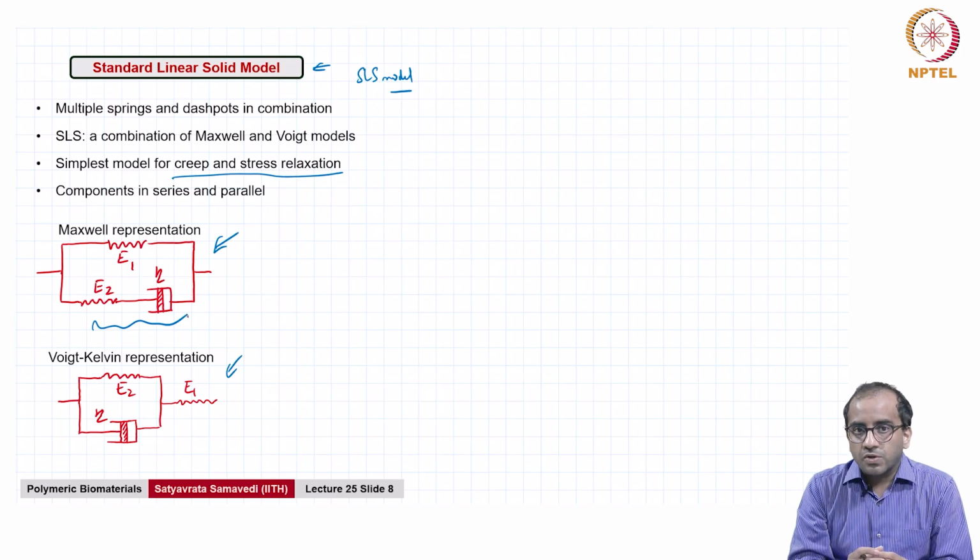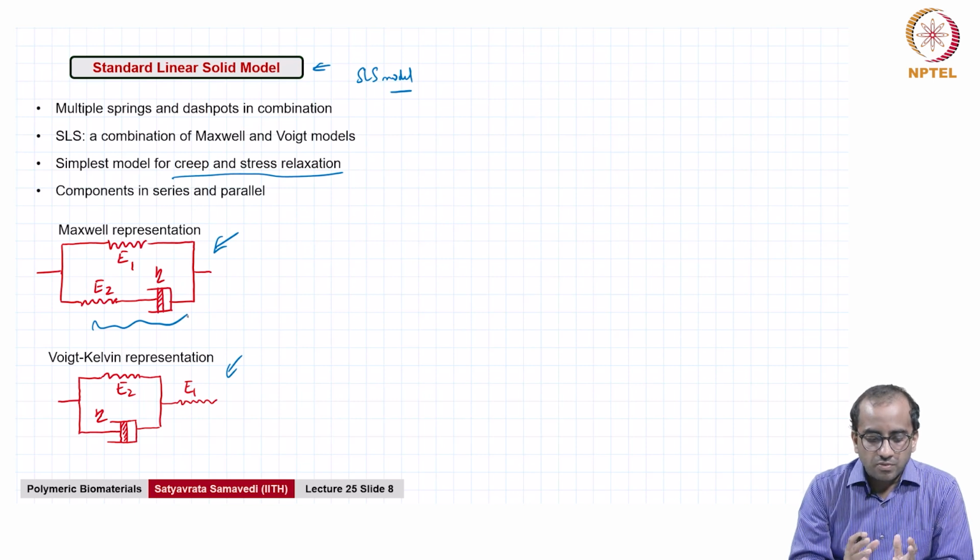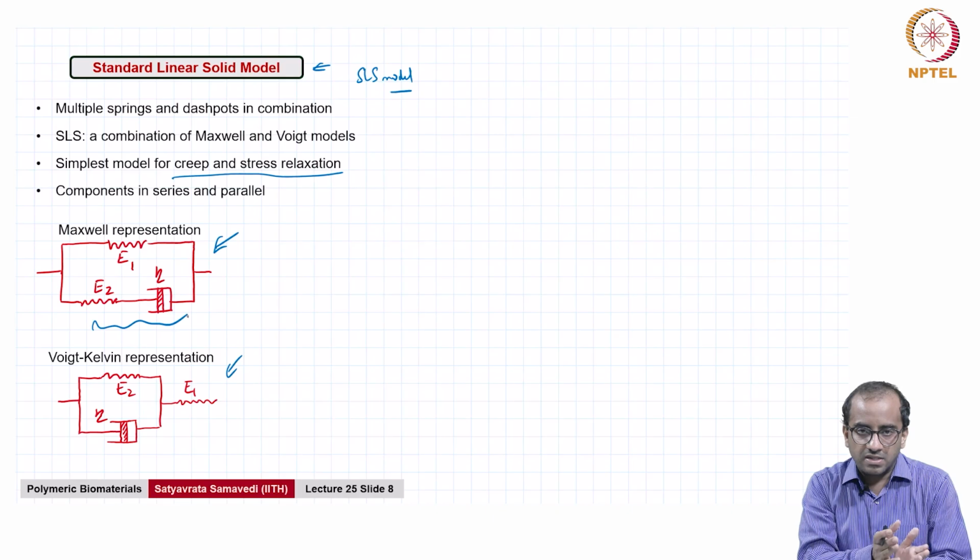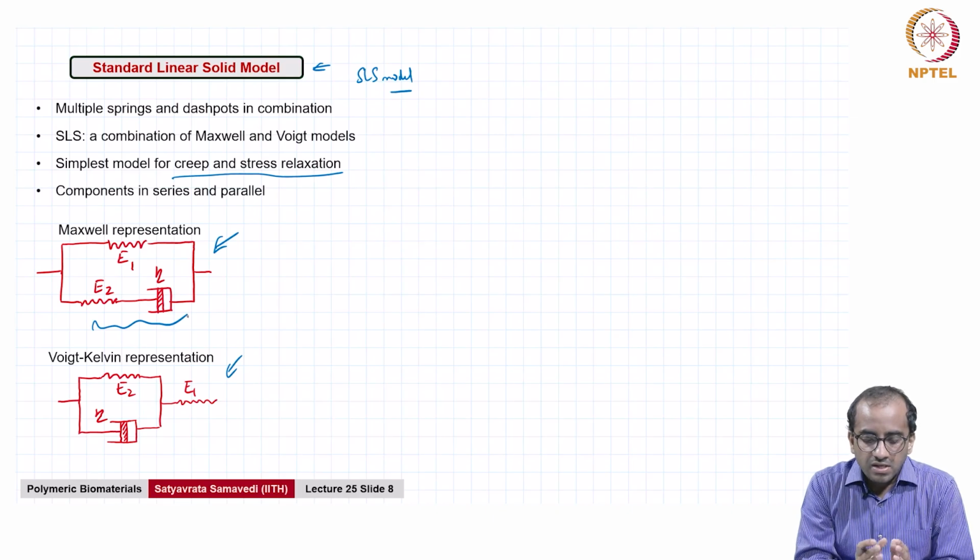The other is going to capture delayed or transient elastic stiffness, which can relax over time, and of course, the viscous element is going to capture the time scales associated with the viscoelastic responses. So, in that sense, the standard linear solid model is able to capture reasonably well the physics of both creep and stress relaxation.